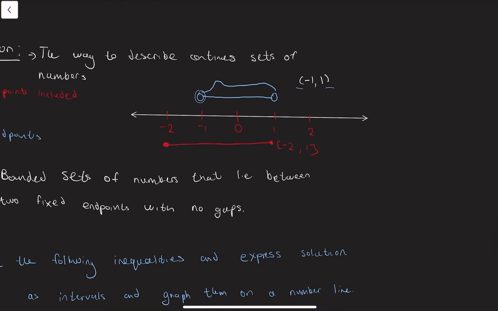We don't necessarily have to use one or the other. Sometimes we use one side open, one side closed. That would be represented like this. This is known as a half open interval.